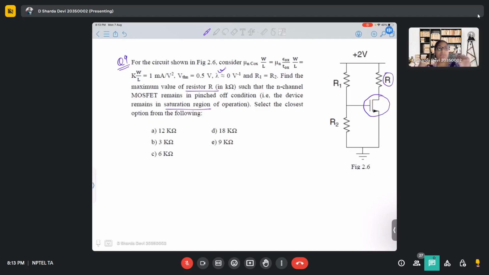Or if you think from a voltage perspective, if your source is relatively negative and your drain is relatively positive, your source will push your electrons towards the drain side, and since the drain has positive voltage, it will collect your electrons. But if your drain was also negatively charged, both your junctions would be forward biased.